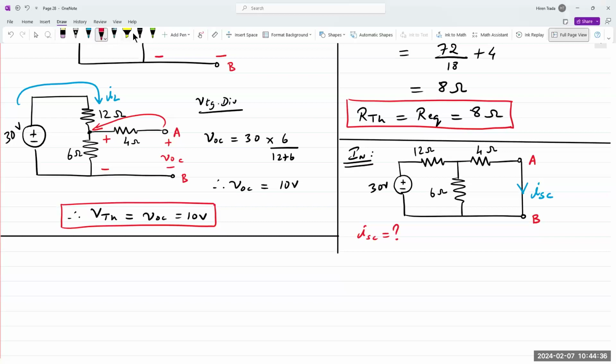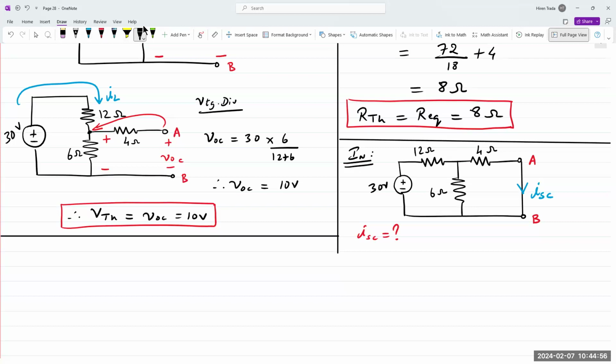The analysis technique we choose just depends on the circuit layout and our individual choice. But what do we see? In the case for the Thevenin voltage, the 4 ohm resistor was not part of the circuit.